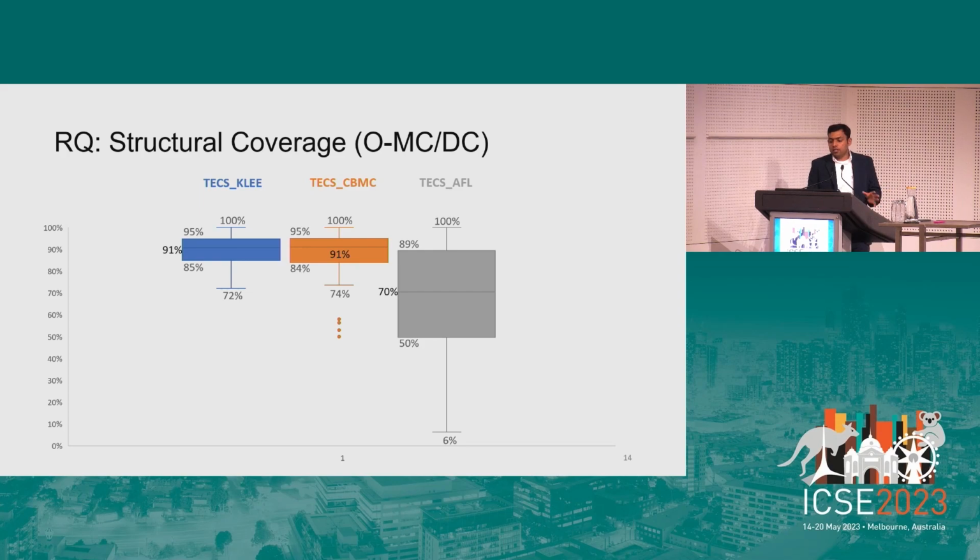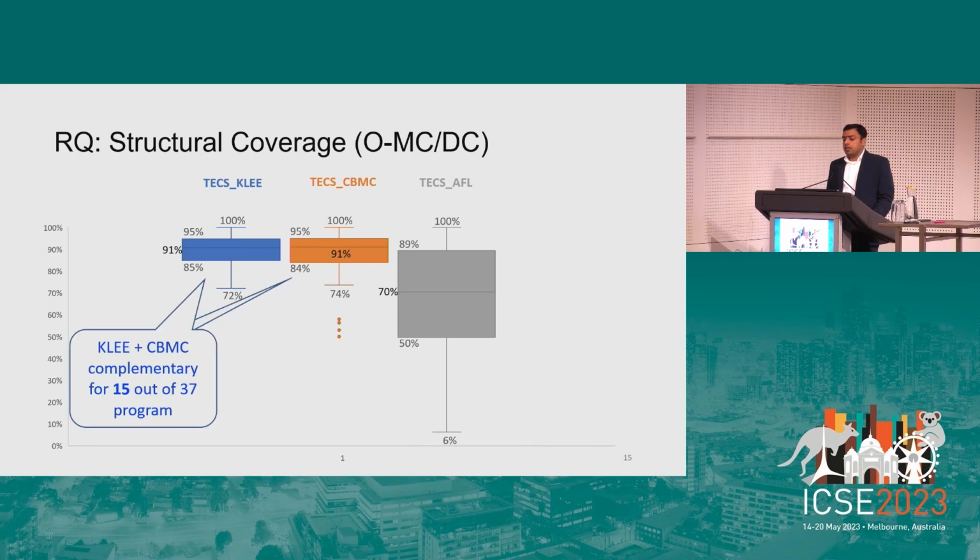From this plot, it is clear that CBMC and KLEE are able to achieve high structural coverage with a median of 91%. And as we know, search-based testing is hard-pressed to hit good structural coverage.